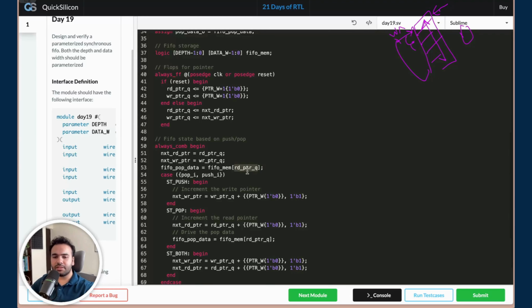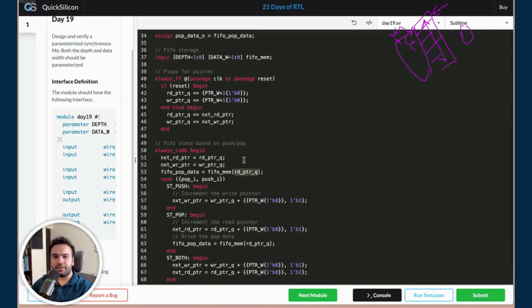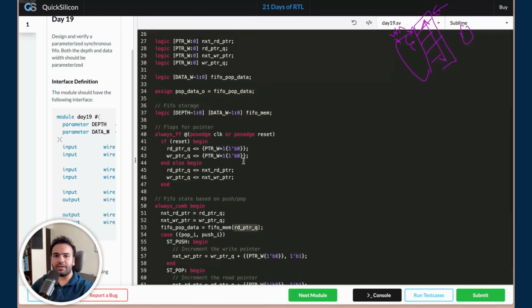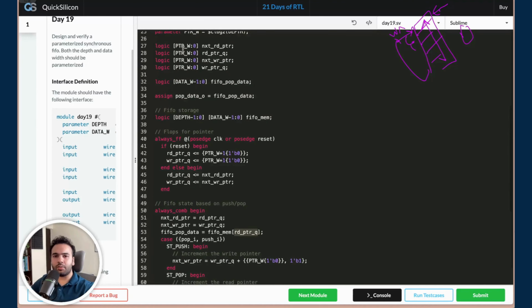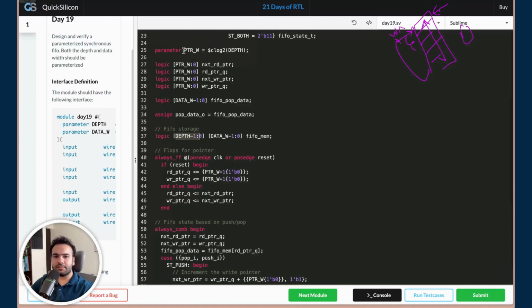Since it is being addressed using the read_pointer_q signal, we are using the actual pointer value. If you take a look at how this is defined, it is defined as pointer width down to 0. But the FIFO mem is defined as depth minus 1 down to 0. The pointer width is equal to the $clog2 of depth, which means the pointer actually includes the wrap bit as well.